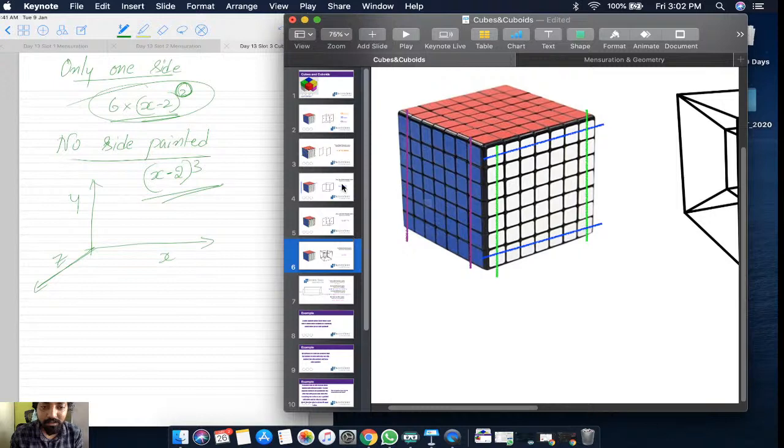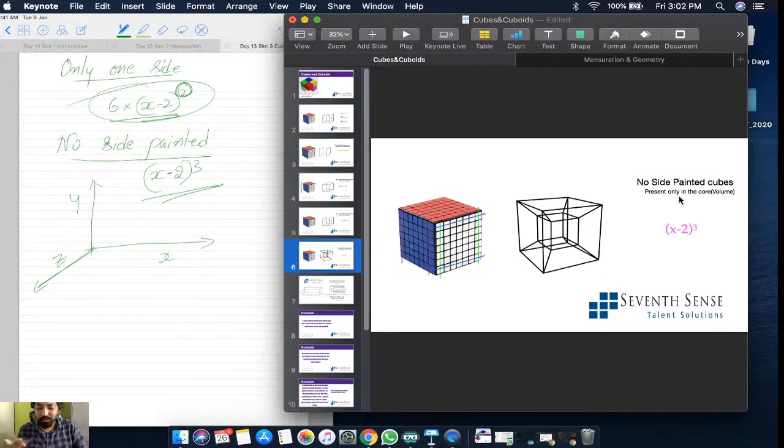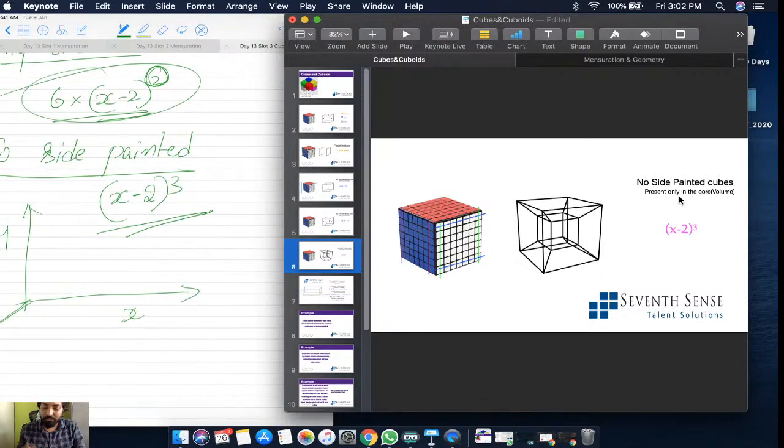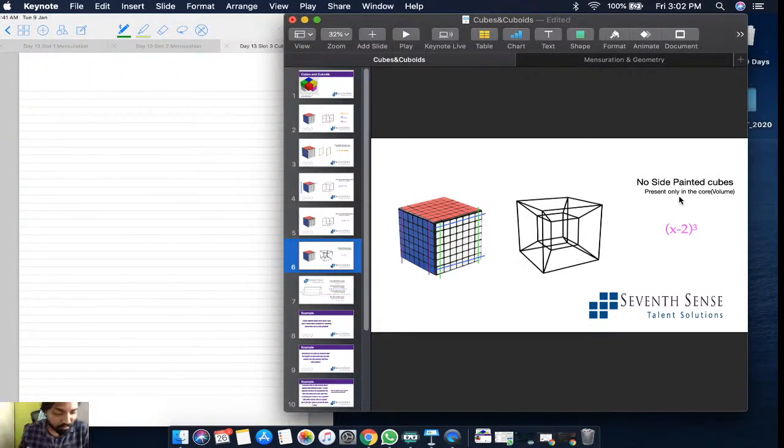I'll summarize the formulas. x minus 2 whole cube. Three side painted will be 8.